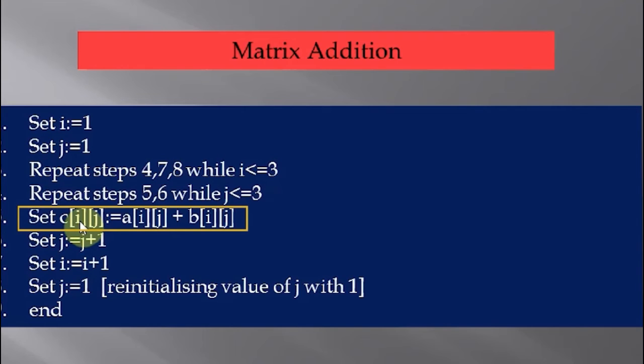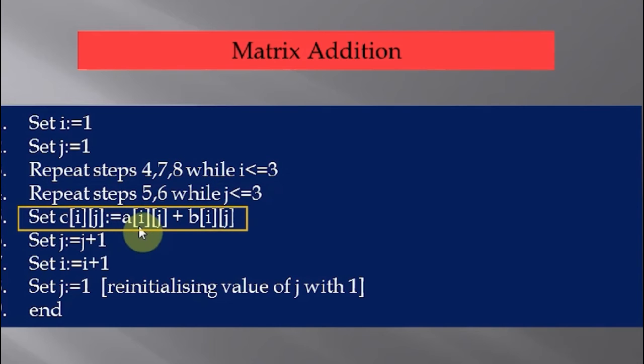Now we want to move to the element which is at the first row, second column of both the matrices. So I will increment the value of j by 1, because j is the counter variable for the inner loop, and the inner loop consists of only 2 steps, 5 and 6. The control will go up to the beginning of the inner loop. The condition is true because the value of j is 2 now. Now see what will happen here.